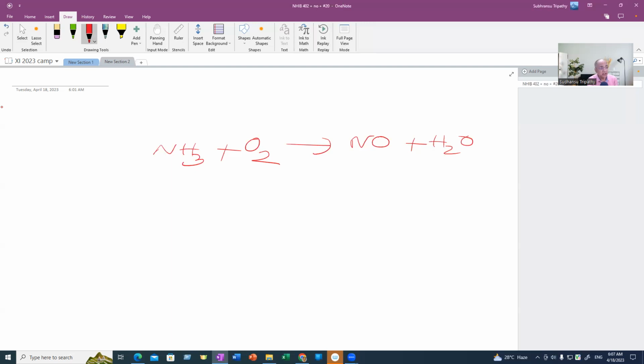Amlan, you can immediately know that this is a redox reaction, because on one side there is an elementary species, an element, where the oxidation number is bound to be 0, and on the other side there is no such elemental species. So if one of them has definitely changed its oxidation number, the other is bound to change. From common sense, you can understand that this is definitely a redox reaction.